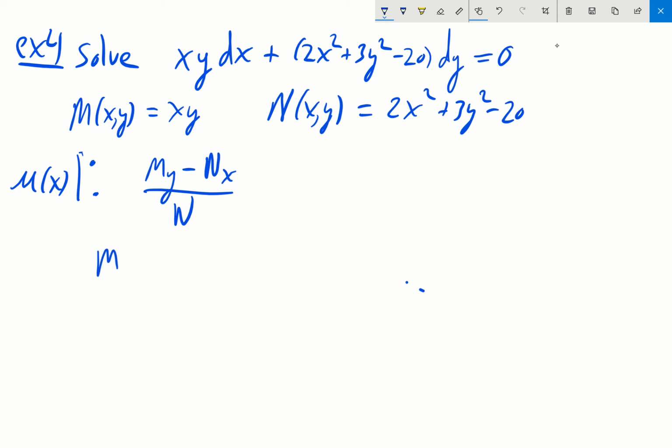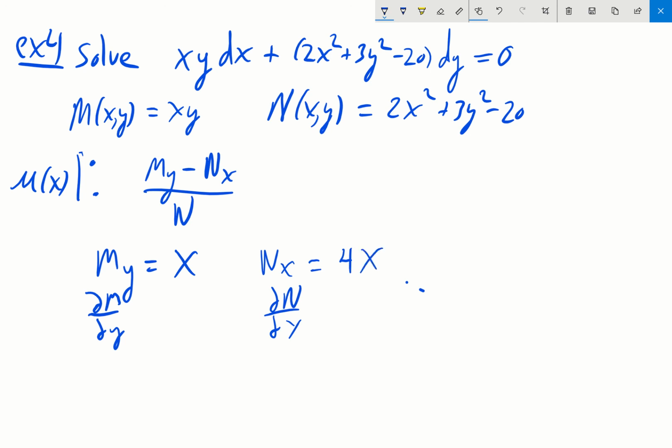Instead of using the Leibniz notation, I'll just use the brief partial notation. The partial of M with respect to y, we just had that a moment ago, that was x. The partial of N with respect to x, we also had that a second ago. That was 4x, and then we're going to divide that by N. So here's what we have.